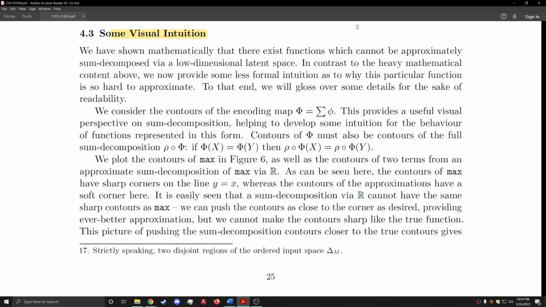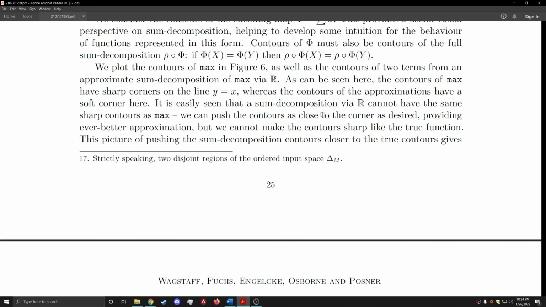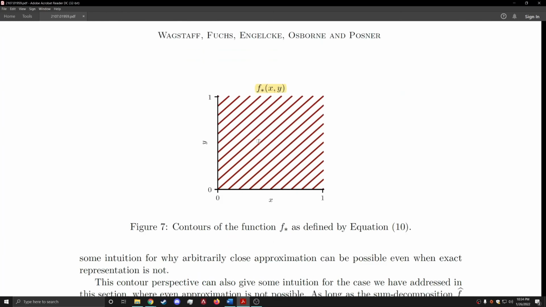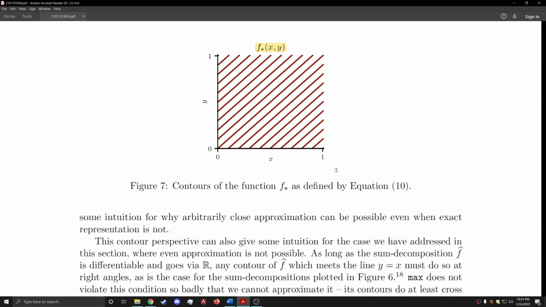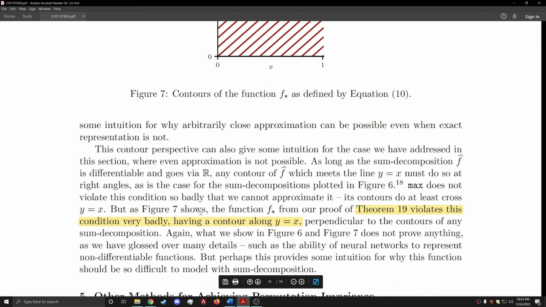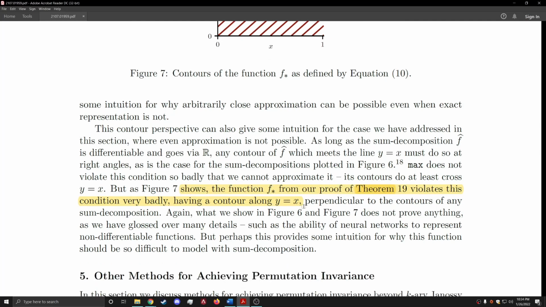So let's see, what else was there? There was one other thing. Oh yeah, whenever it's talking about our f star, our sort function, if we look at the contours of that, they're always going to be just these y equals x lines. Theorem 19 violates this badly, having a contour along y equals x and perpendicular to the contours of any sum decomposition.